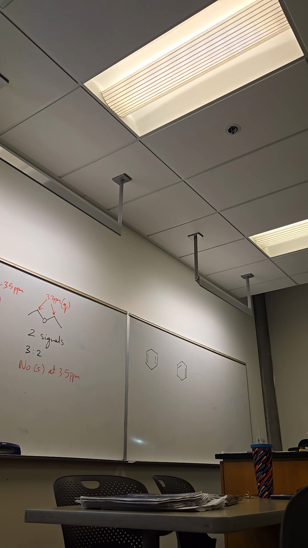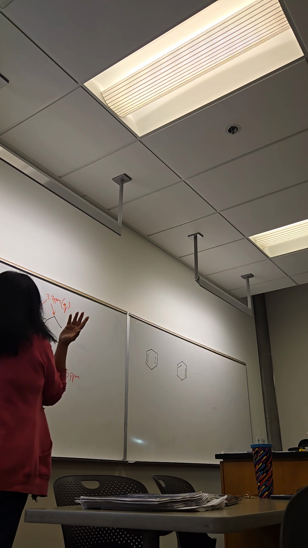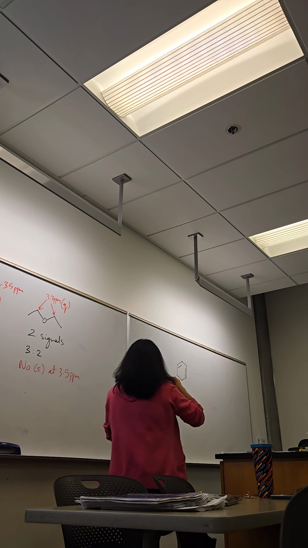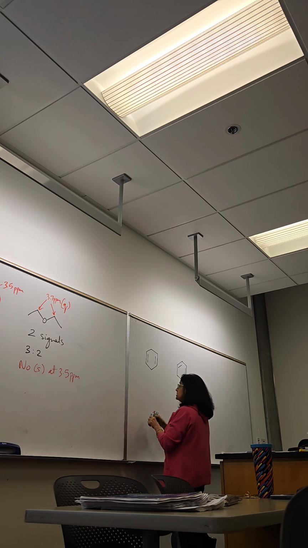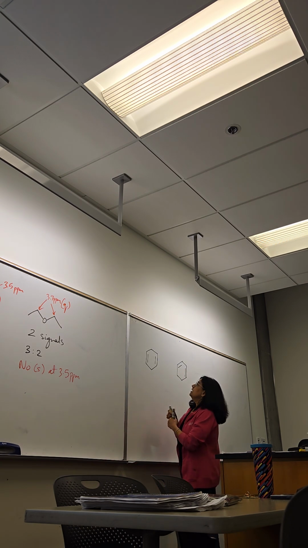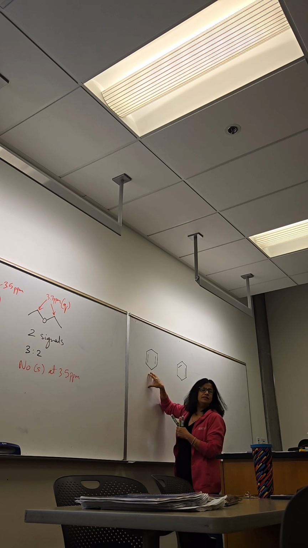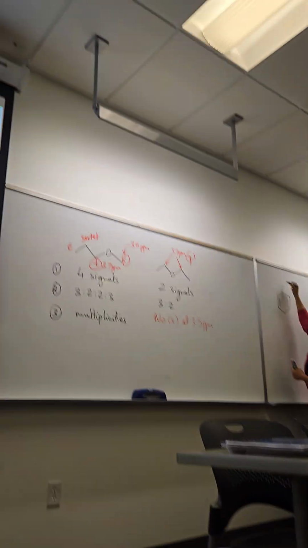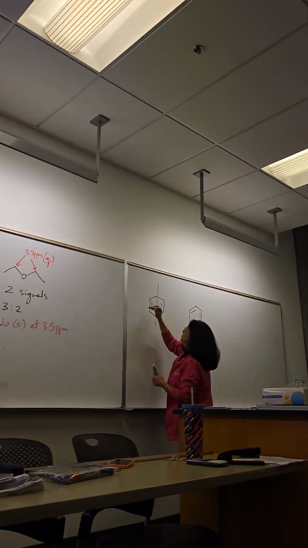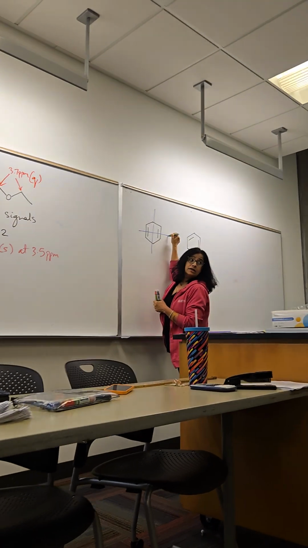What do you think? Let's start with number of signals. They both have 3 because there's symmetry in both, right? Yeah. Actually, this doesn't have 3. Yeah, it has symmetry. It has a plane of symmetry here and a plane of symmetry there.